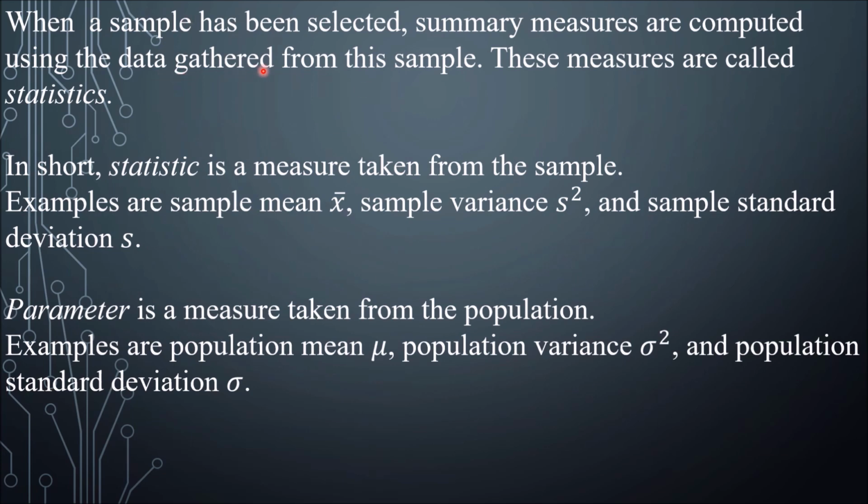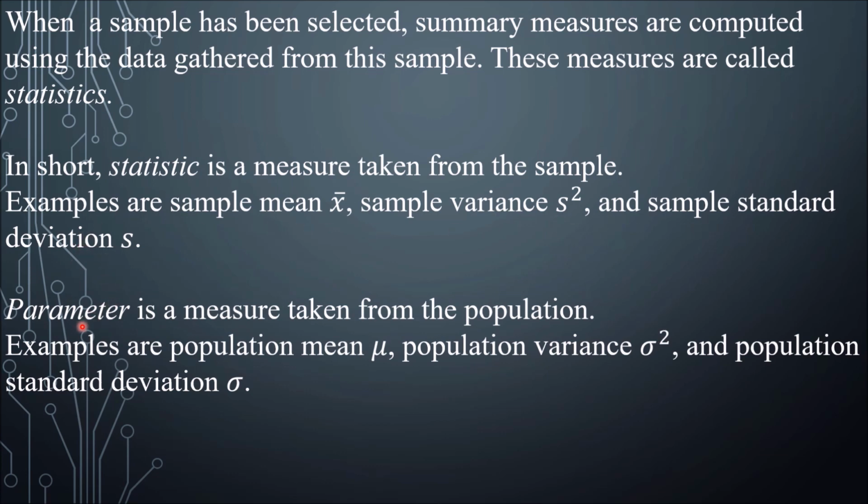Now, when a sample has been selected, summary measures are computed using the data gathered from this sample. These measures are called statistics. In short, a statistic is a measure taken from the sample. Examples are the sample mean, sample variance, and sample standard deviation.